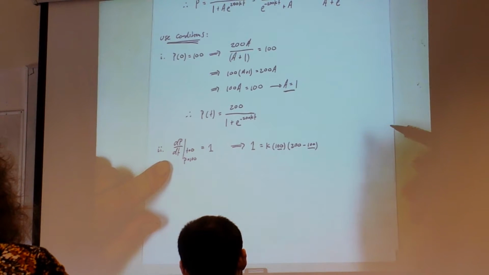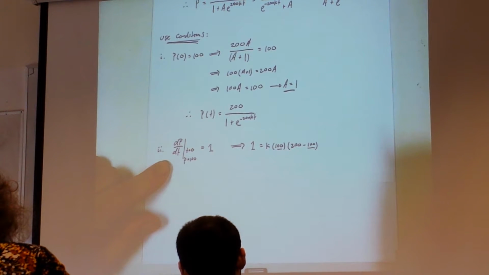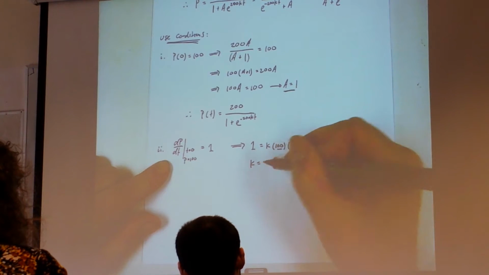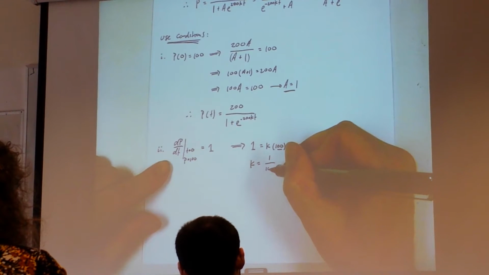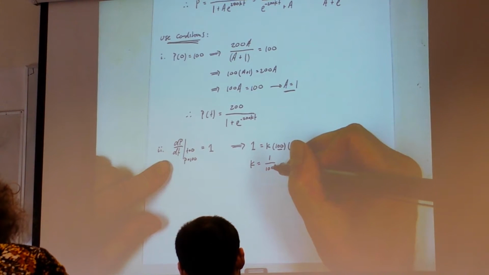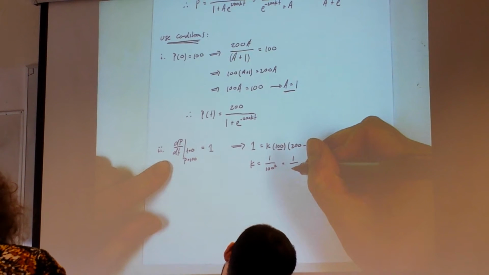k is going to be a very small number, I think. We got 100 times 100, that's 100 squared, 10,000. 100 is 10 squared, so that's 10 squared squared, 4 zeros.